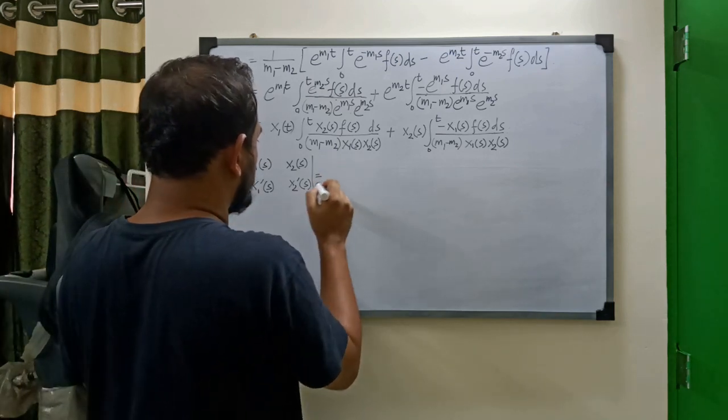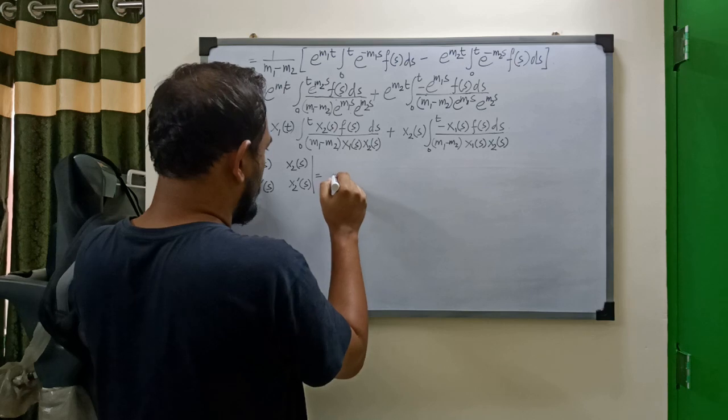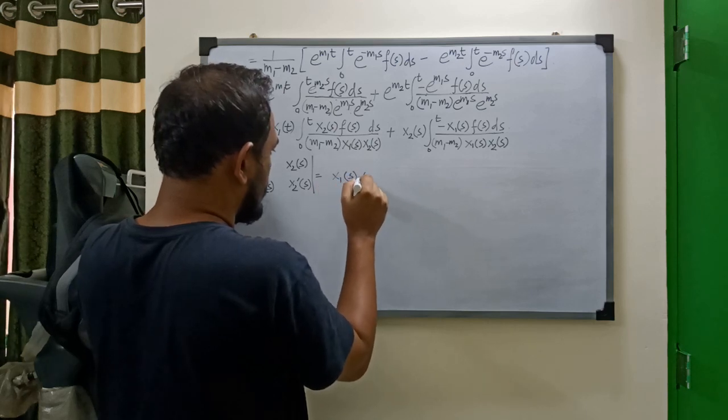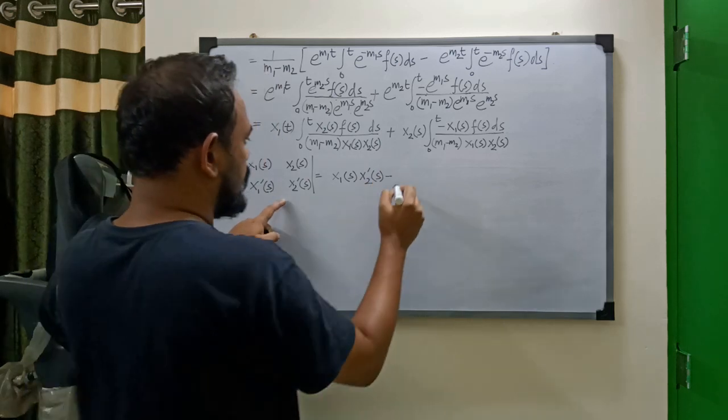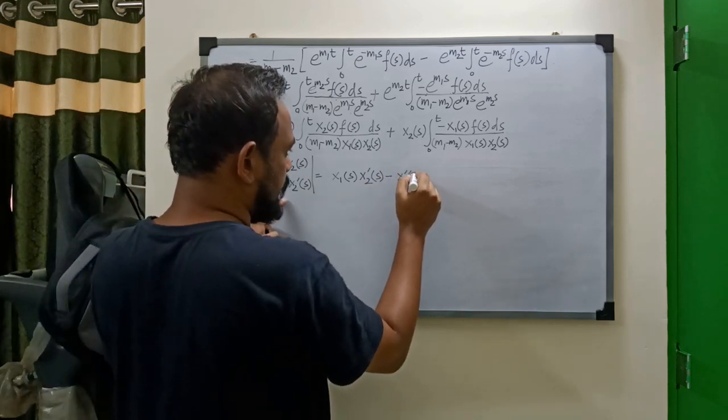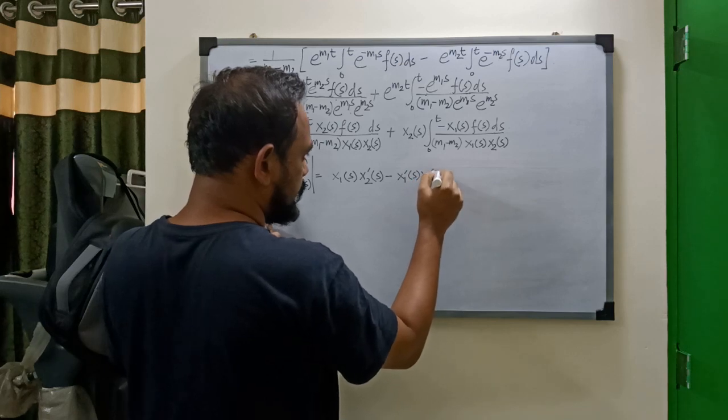So this is going to be x1(s) x2'(s) minus x1'(s) x2(s).